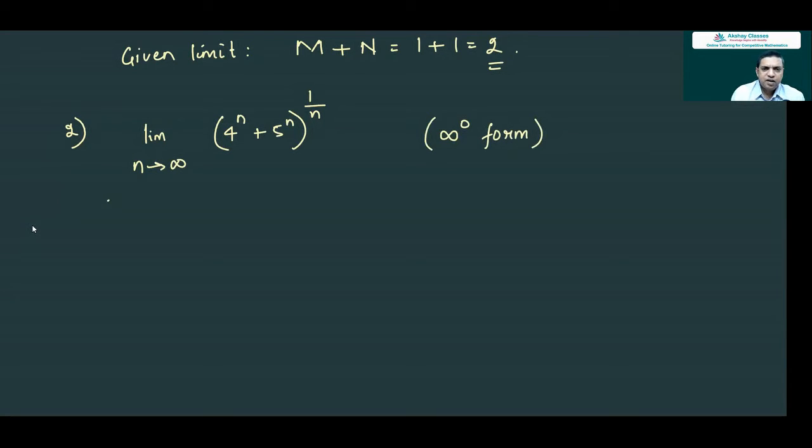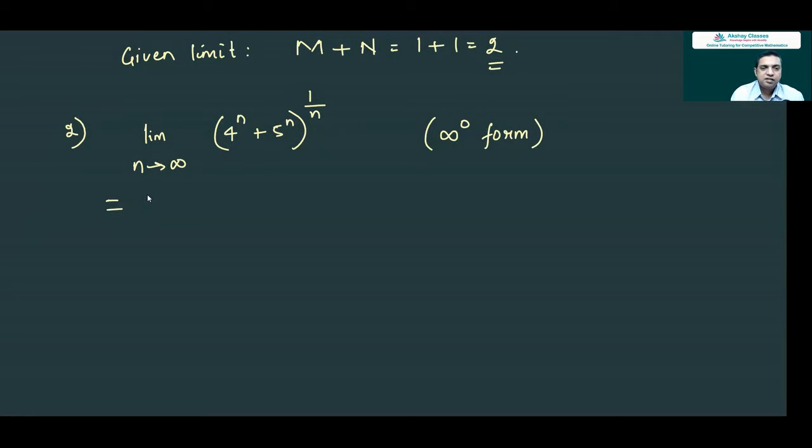And you cannot take log on both sides, because the power has to go to 0 if you have to take log. If you take log on both sides, it will go to 0 into log of an infinite number. That will not give us anything.